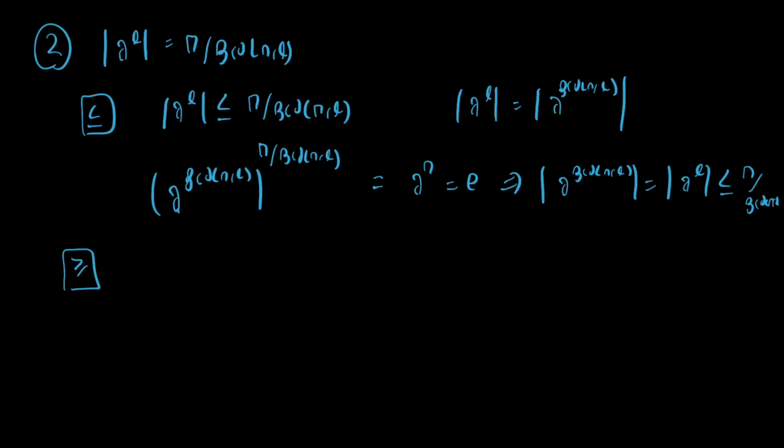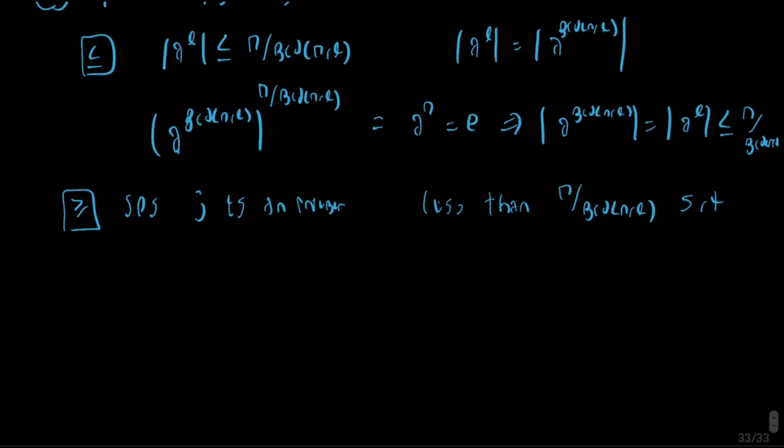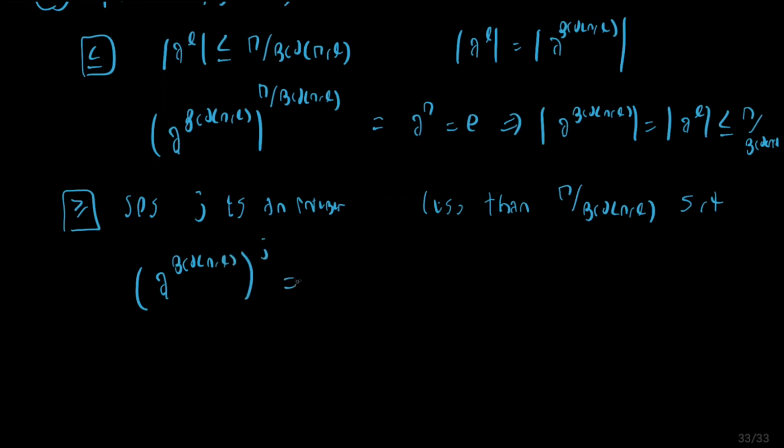For the other one, on the other hand, let's suppose that J is an integer less than n over the GCD of n and L, such that A to the GCD of n and L to the J is equal to the identity.